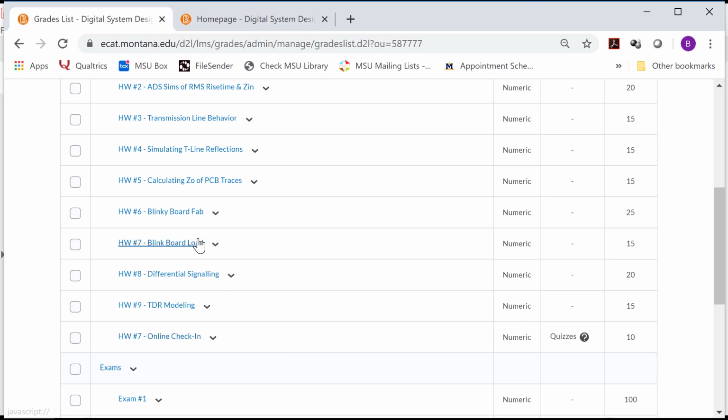We have done the Blinky board fab, and I think all the boards are in my mailbox right now. I think everybody in the class finished this. What I used to do in this class is have a homework assignment where everybody loads their boards.